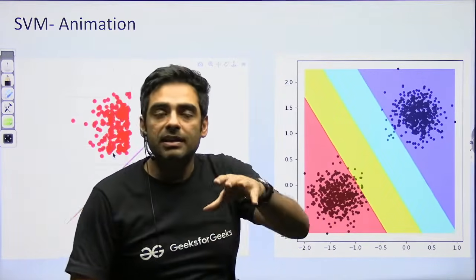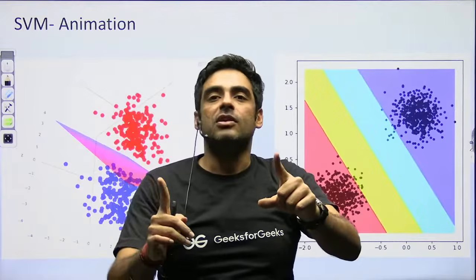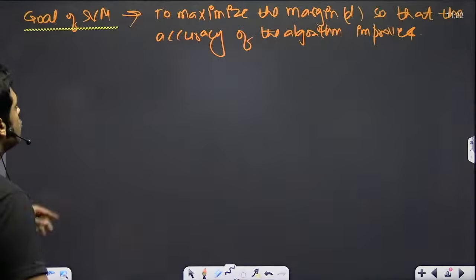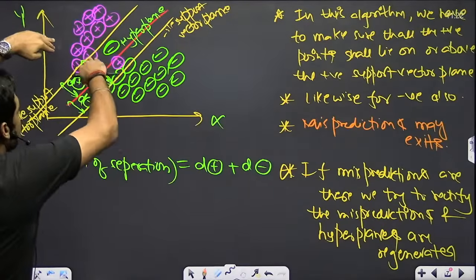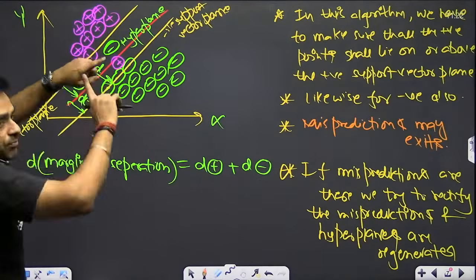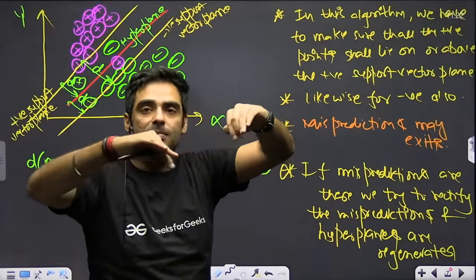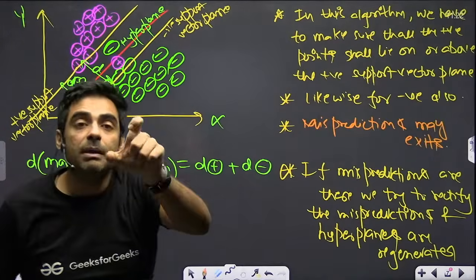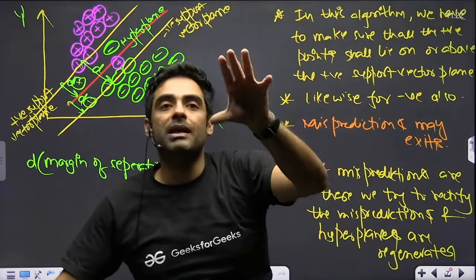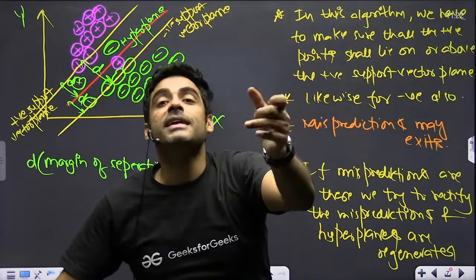If the margin is maximized, you just try to understand, that means the mispredictions inside it would be able to be rectified, partially or completely, depending on the data set.